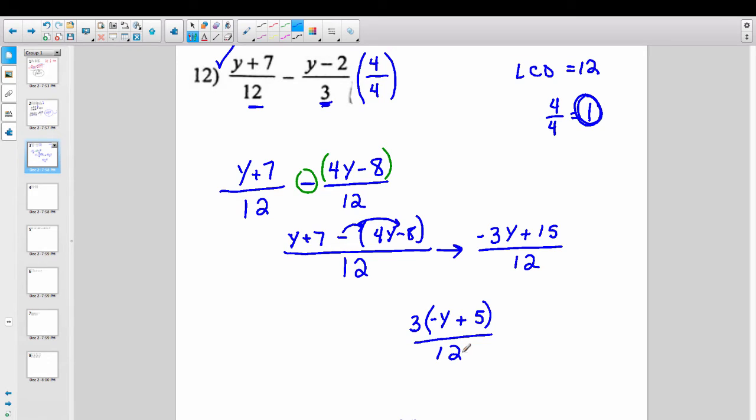That's helpful because by factoring, we've now enabled this reducing right here. 1, 4. Because 3 goes into 3 once, 3 goes into 12 4 times. So our final answer is negative y plus 5 all over 4.